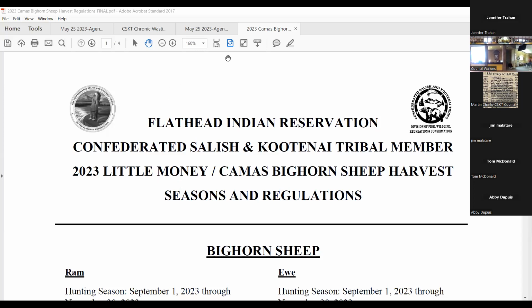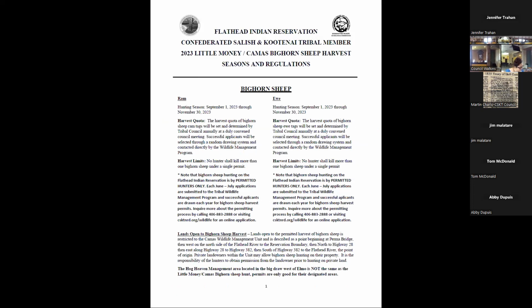Oh, perfect. So this one here, the Bighorn sheep regulations for 2023. We had the draft, and for all of the ones that we'll present, nothing has changed in these versions from the draft that we brought in pre-comment period.